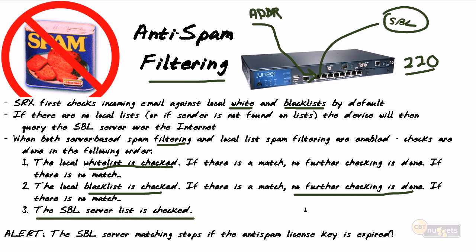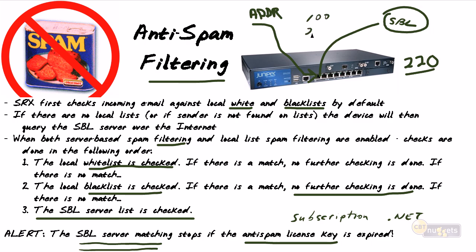Now, if your anti-spam license key, which is a subscription, and you can go to juniper.net to check out your options there, has expired, then the SBL server matching will stop. Okay, not the local. And by the way, if you're using, let's say, an SRX 100 or a 210, I don't know if I mentioned this earlier, I think I failed to mention this.